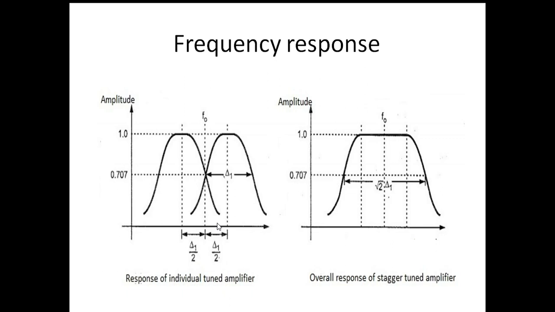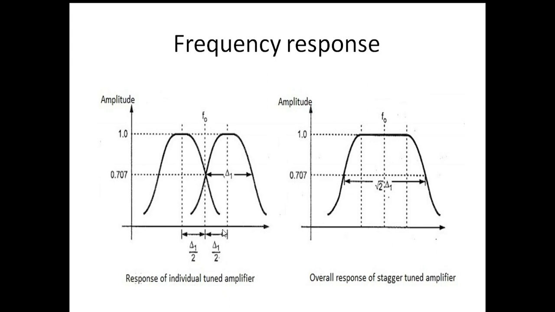So from here to here, what is the distance of frequency? What is the band of frequencies in between these two? Let us say where the second response touches the first response, that is taken as the center point. From here to here, it is taken as delta 1 by 2.